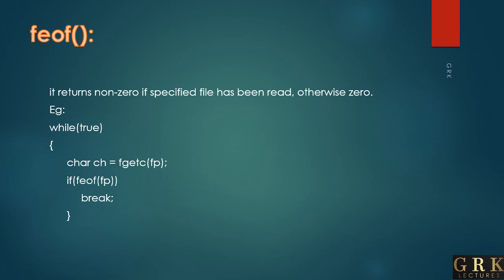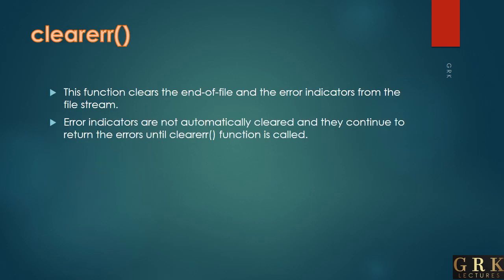So in order to check the end of the file, here I am using the function feof, where eof means end of the file. If this condition is true, then break, which means we reach the end of the file, and automatically we come out of that loop.